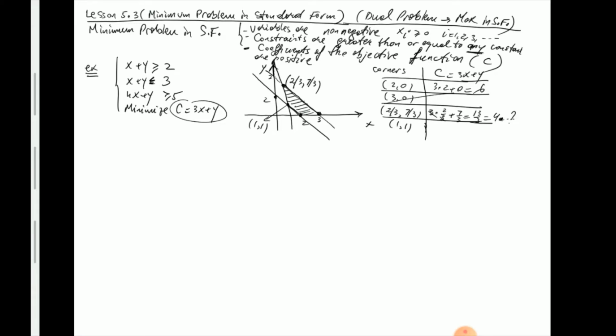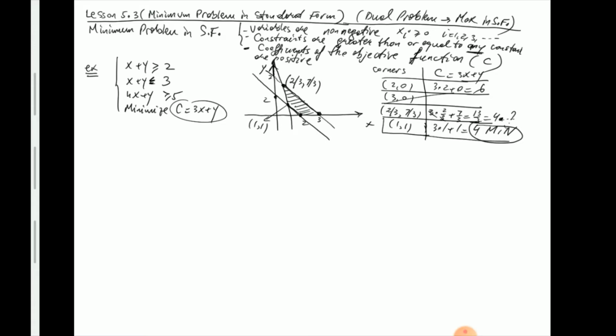Let's see if we need to actually find that exact value. I don't have to find that because (1, 1) is obviously the minimum, right? If I plug in (1, 1), 3 times 1 plus 1, that's 4. So clearly this is the minimum, because (2/3, 7/3) gives you a quantity greater than 4. So the minimum is attained.